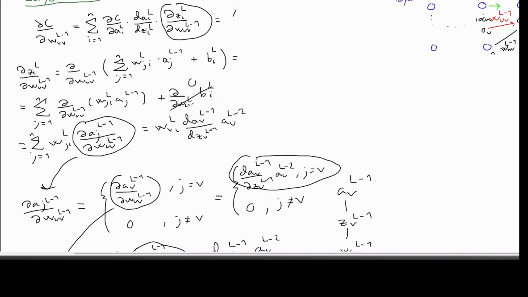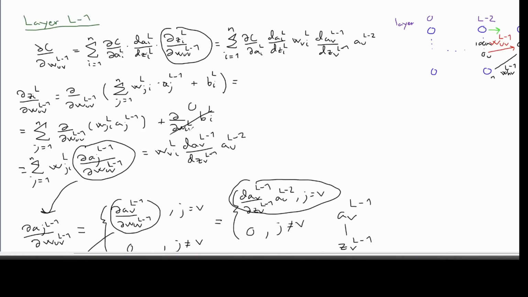This is equal to the sum as i goes from 1 to n of the partial derivative of c with respect to the activation at neuron i at the output layer multiplied by the derivative of this activation with respect to its weighted input at neuron i in layer L multiplied by this, which is the weight going from neuron v to some arbitrary neuron i in the output layer multiplied by the derivative of the activation of neuron v in the previous layer with respect to its weighted input multiplied by the activation of the u neuron at layer L minus 2.